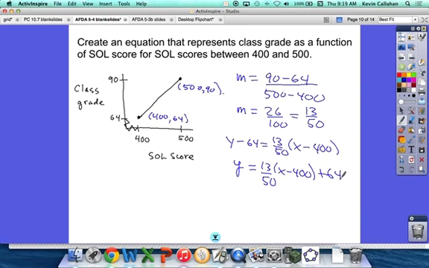That's an equation now I can use. If I know what the SOL score is in between those two, I can make it into a class grade. I find that pretty useful for many different reasons. But I have to say, I never use y equals mx plus b to find the b. I always plug it into that and then solve.